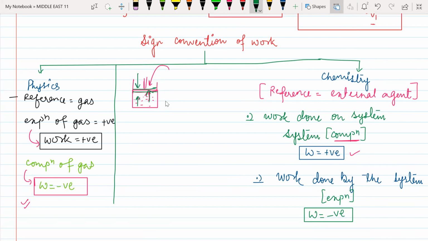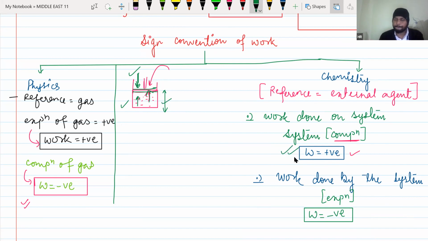Compression means the volume will decrease, right? External. And external means you will apply force or pressure from outside. So whenever we do work on the system, compression will take place and work done will be positive, right?